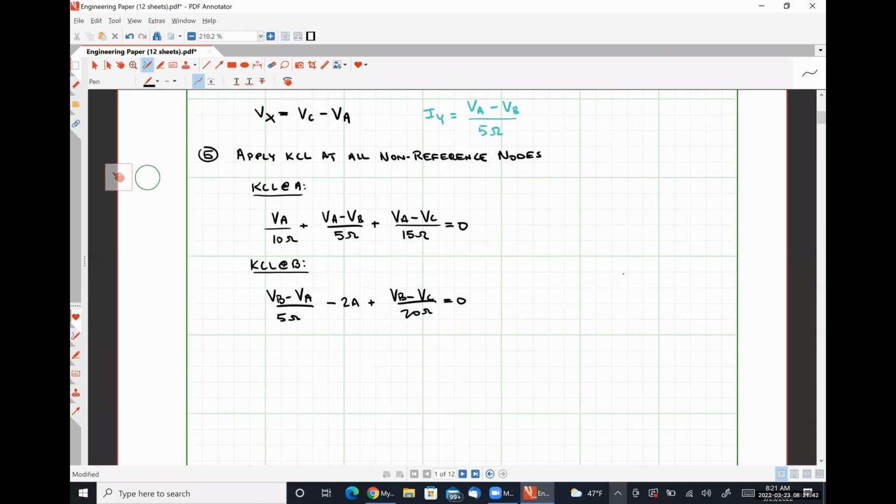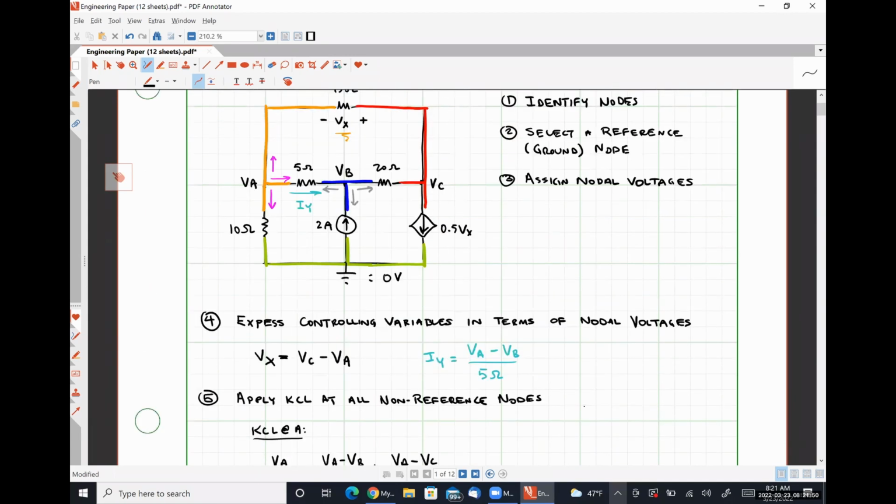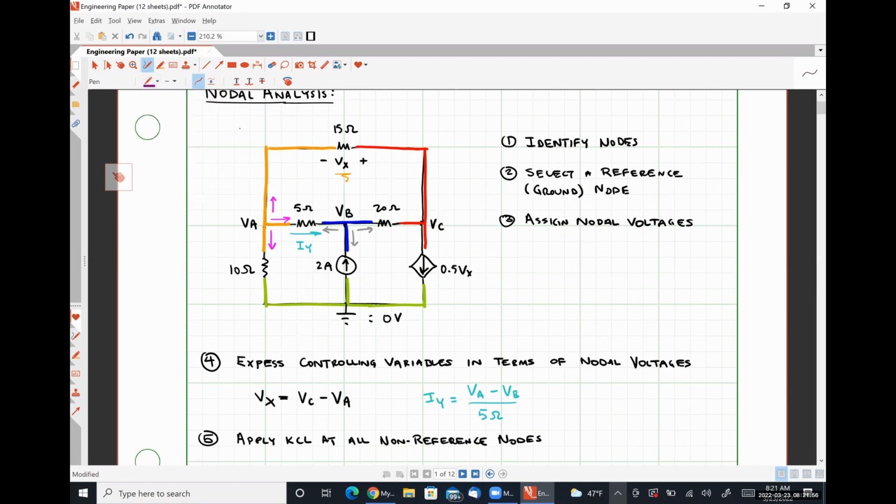So finally, we'll move along to KCL at node C. That means we're going to be looking at this current down, this current to the right, and this current up. Davis, how are we going to represent the current flowing down?